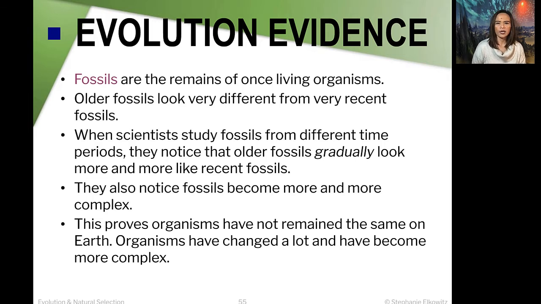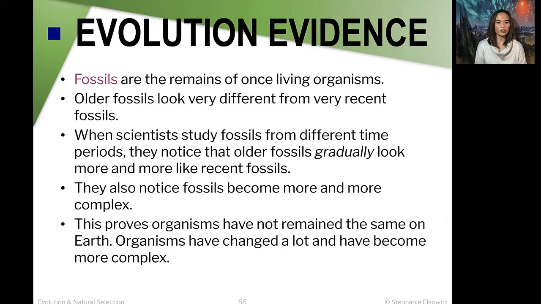We'll take a look at fossils first, and we learned about fossil remains as those organisms that were once living. Older fossils look very different from the ones that are very recent. Scientists study fossils mainly because they notice that there is a gradual change over time of these ancient ones compared to the most recent fossils.